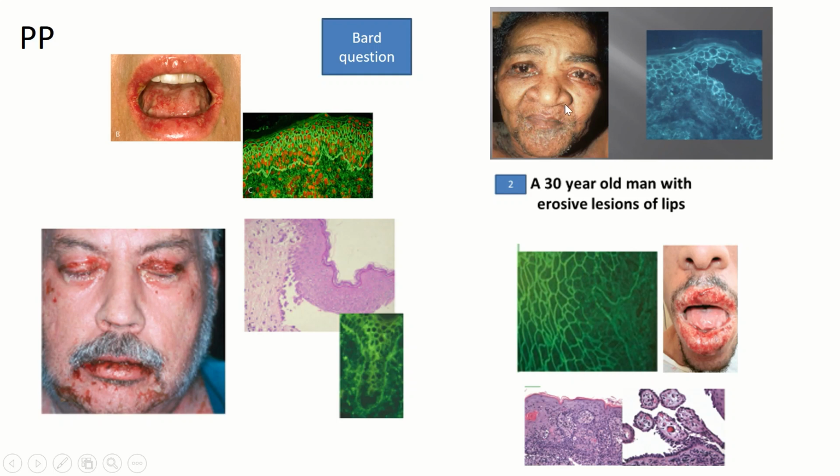Here is eye involvement, lip involvement, and intraepidermal bulla with intercellular configuration and linear basement membrane zone configuration. Don't mistake this figure with cicatricial pemphigoid. By looking at the eye involvement, as you see here in the histopathology, the bulla formation is intraepidermal with intercellular configuration.